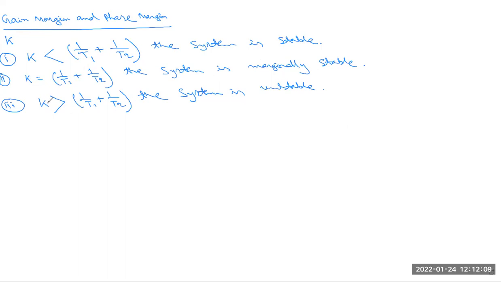When K is greater than this, the system is unstable. When we plot the Nyquist plot, the corresponding response shows the system in that pattern. Just wait, I am drawing one by one, to show what is a stable, marginally stable and unstable system.